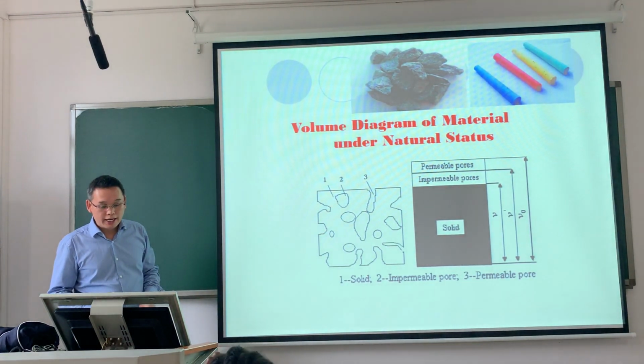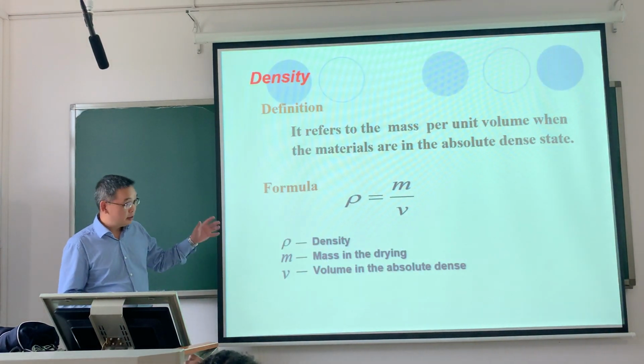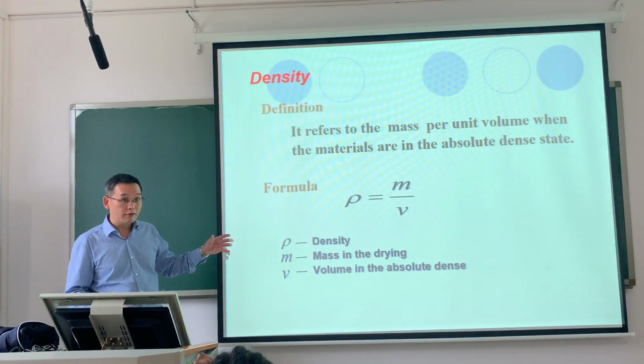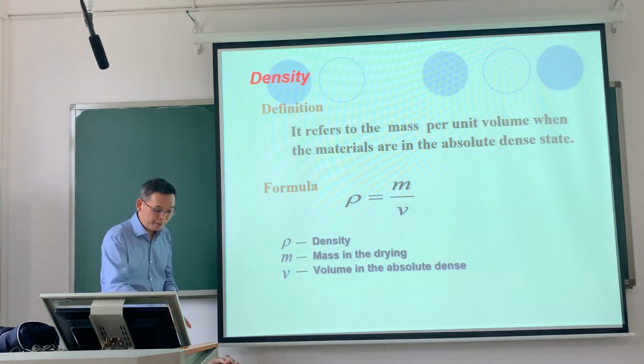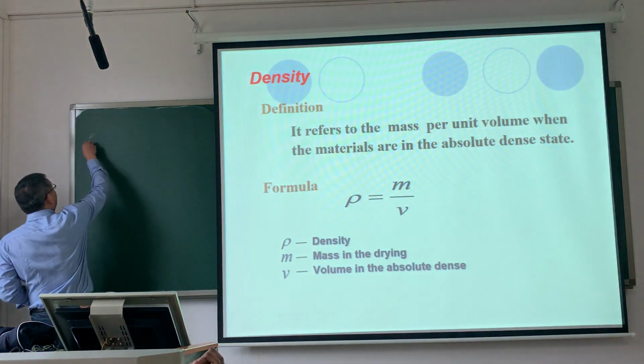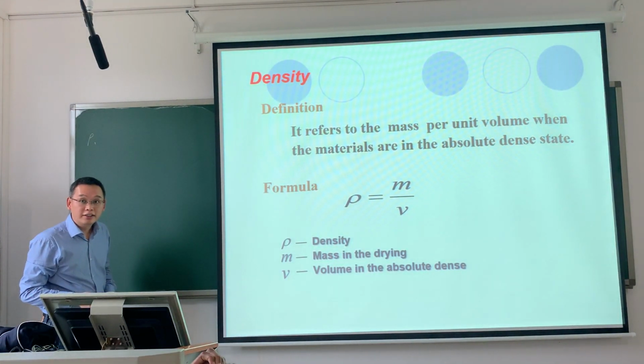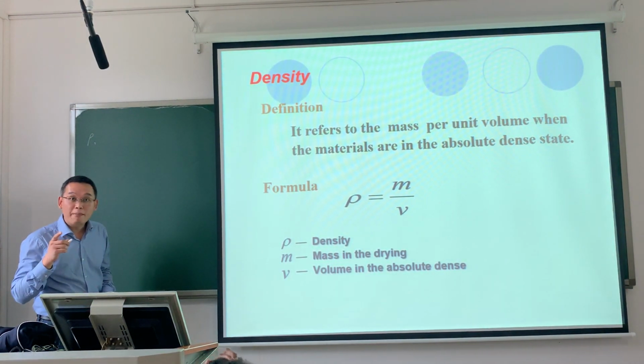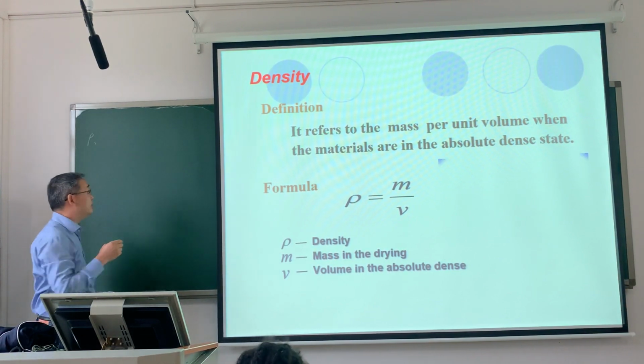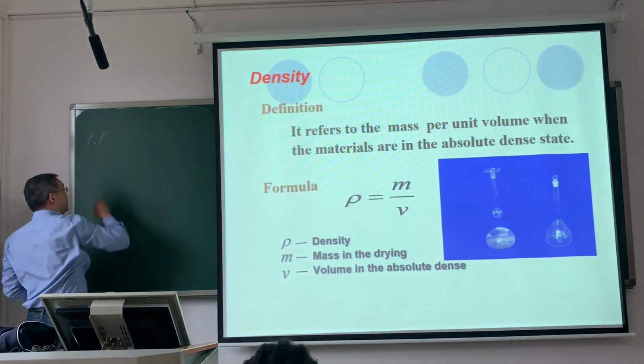And then we can get different kinds of density. The first one is the density. The second one is the apparent density.